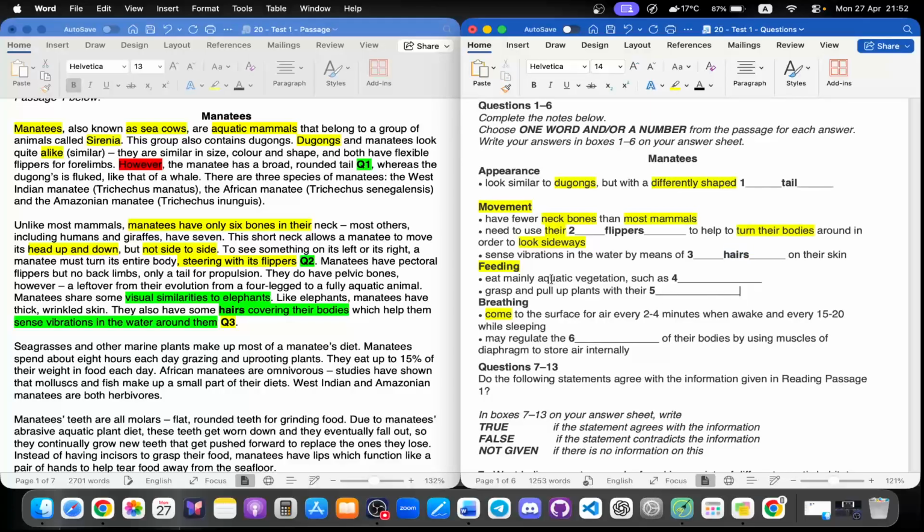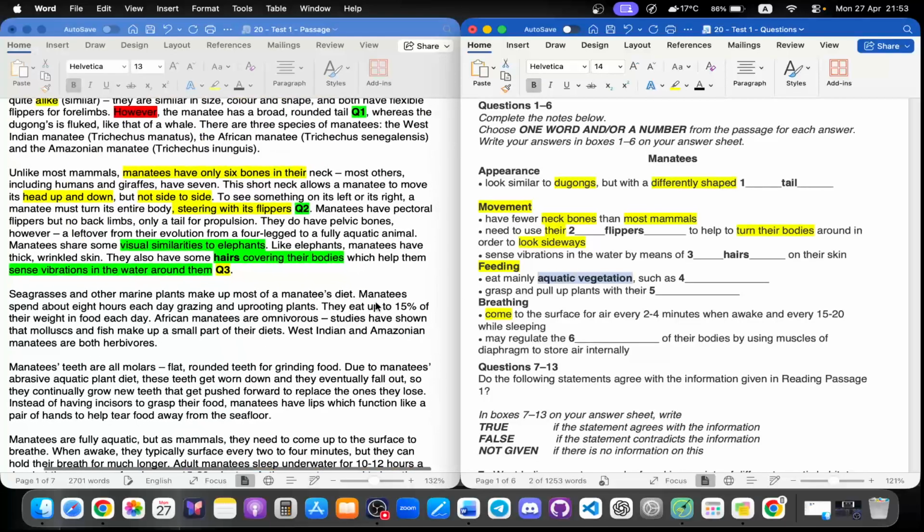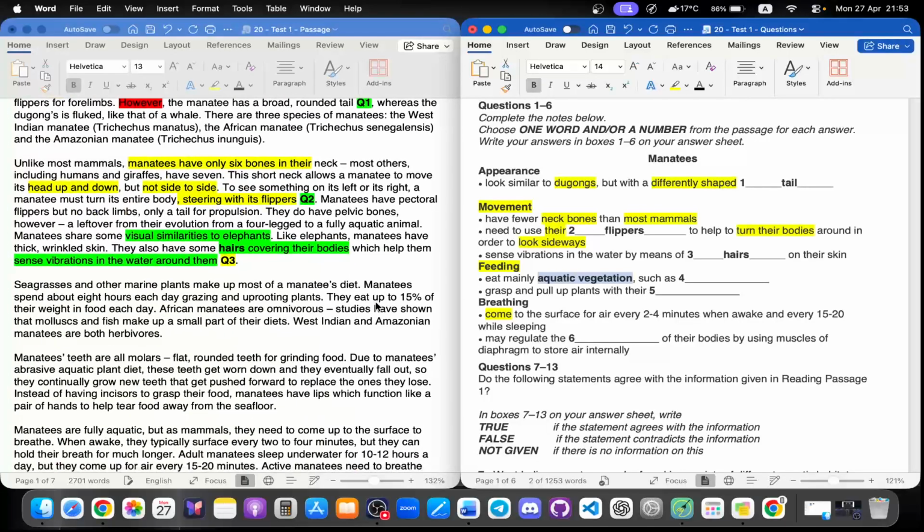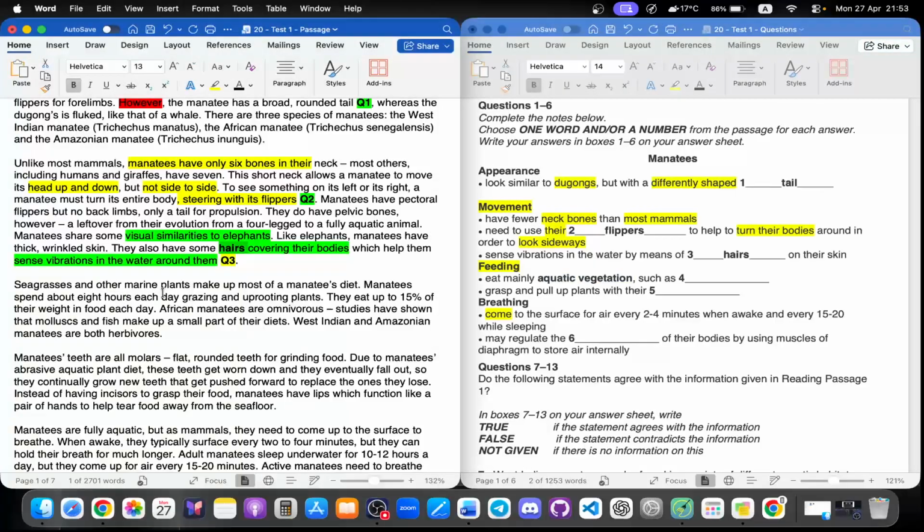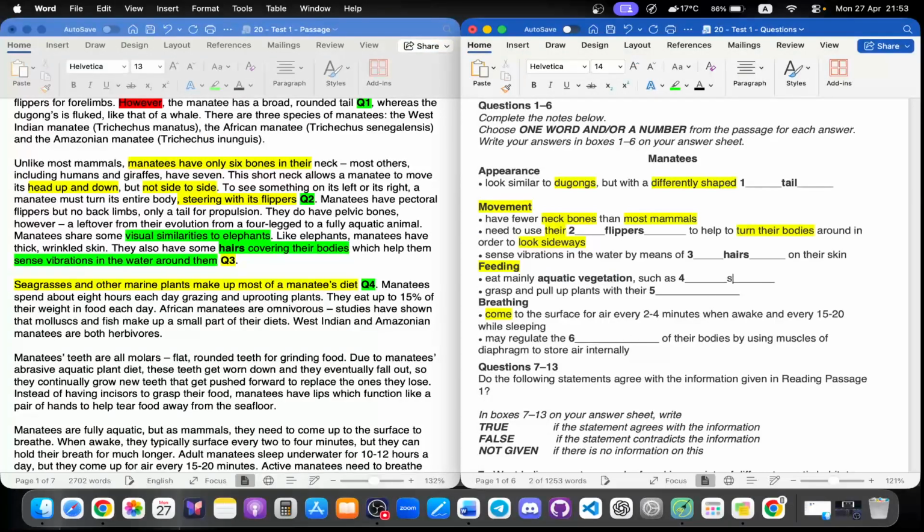They eat mainly aquatic vegetation. Aquatic vegetation means something related to plants inside the water, not aquatic animals, such as seagrasses and other marine plants. So other marine plants, you already have the answer for that. So put that as question number four. That's not too long and doesn't take up a long time. So you'll have seagrasses.